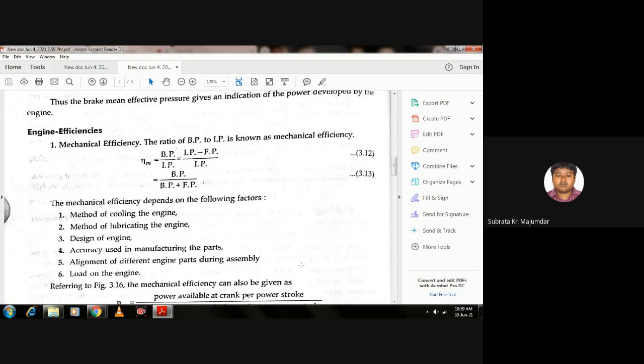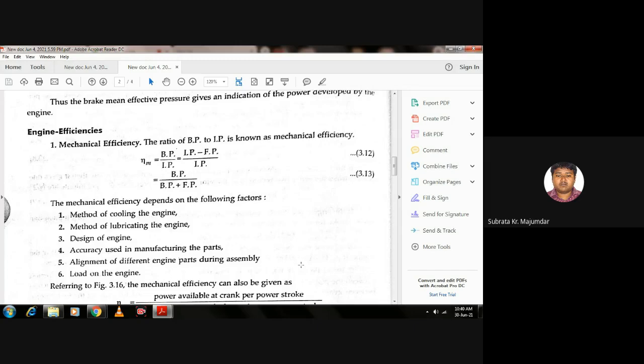Now we come to the different types of engine efficiencies. The first and most important, number one, is the mechanical efficiency. What is mechanical efficiency? It is very easy. It is the ratio of BP to IP.